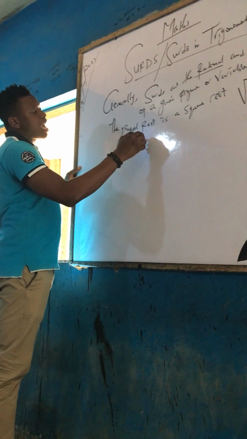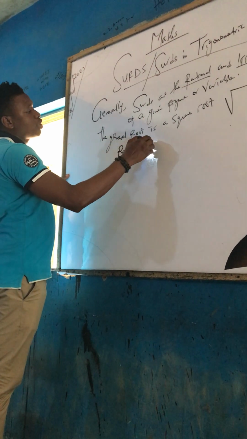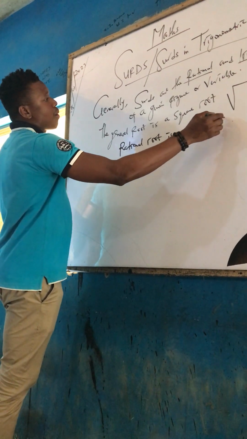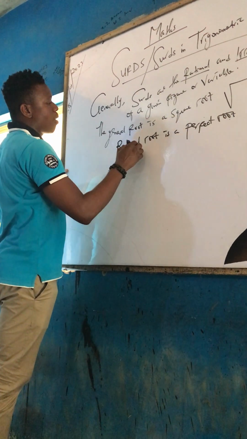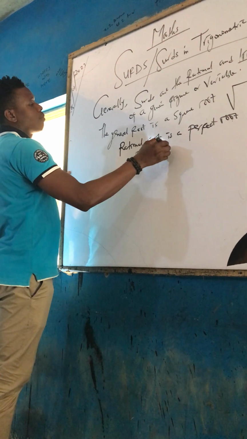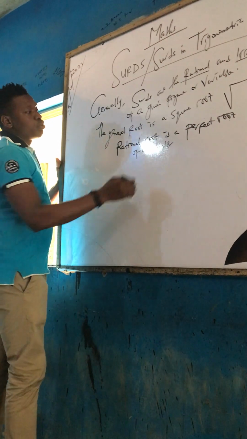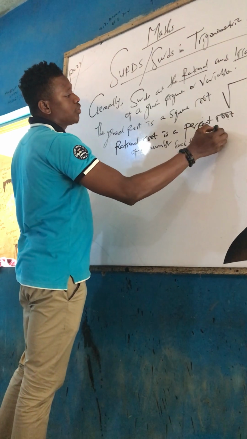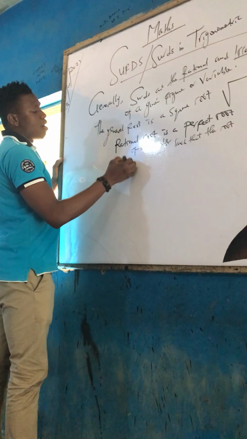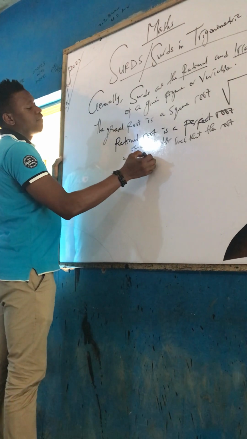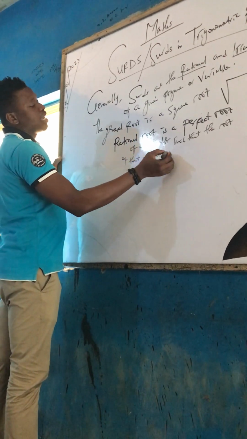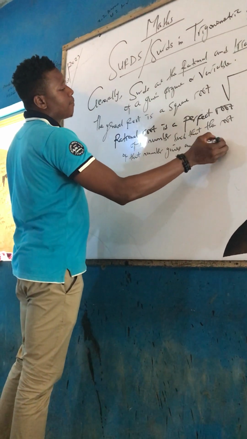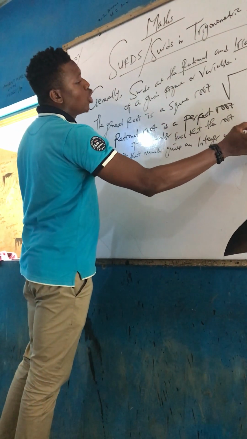A rational root is a perfect root of a number, such that the root of that number gives an integer, or what we call whole number.